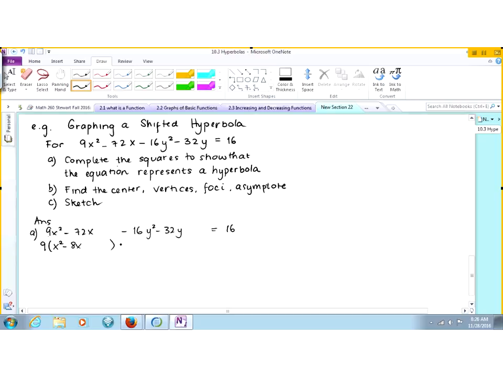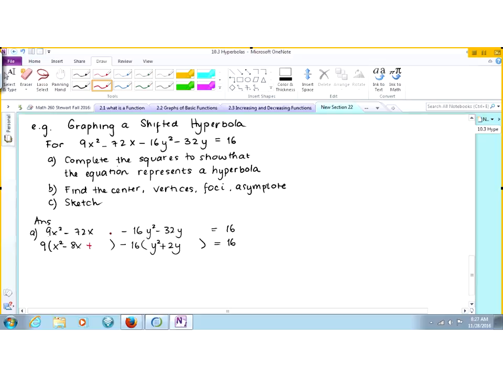How about the y terms? What am I factoring? Negative 16. And then when I factor out negative 16, what am I left with? y squared plus 2y equals 16.